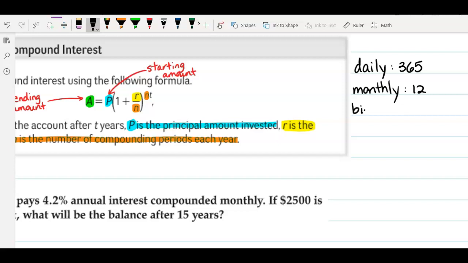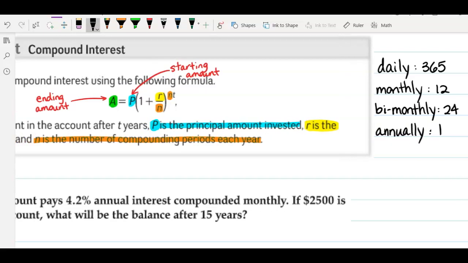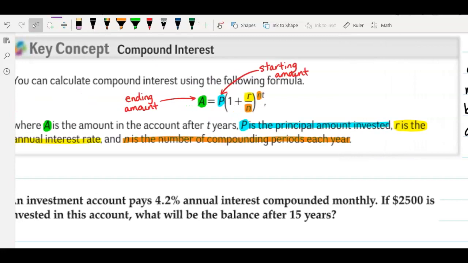You might see bi-monthly. That's twice a month, so 24 times a year. It might happen annually, which is once a year. Those are just some of them that you're going to encounter.